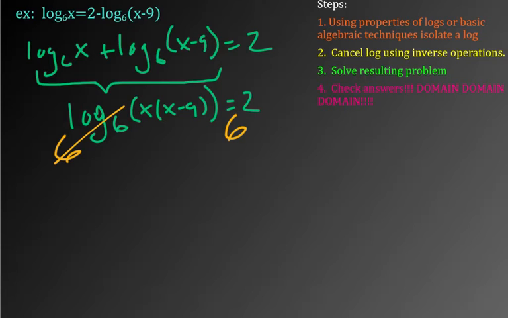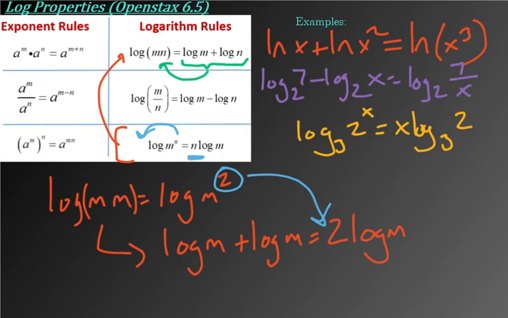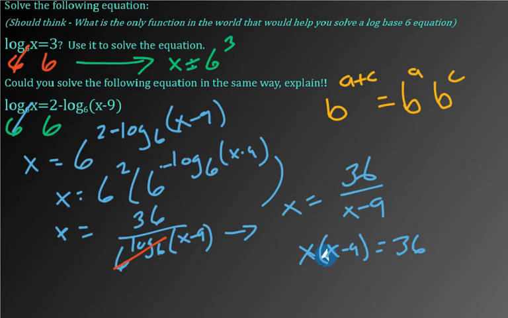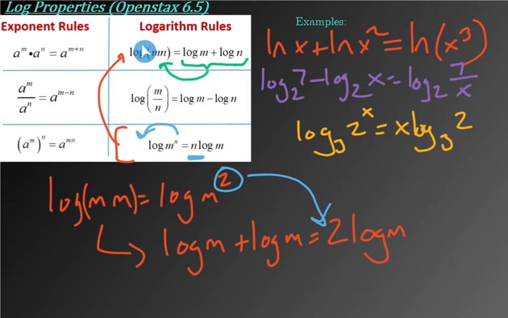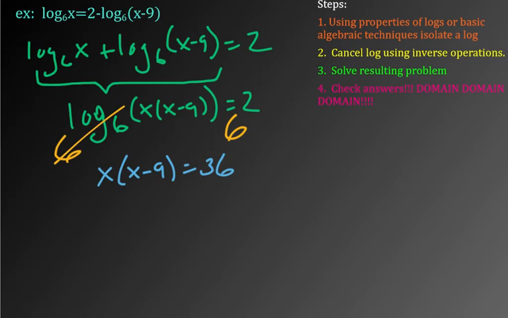And I will get x times x minus 9 equals 36. And you can see I've gotten to this point, which I got to in this problem, but I got to it with way more work, right? This is a much, much quicker way to get to this if you just utilize that first property right there. Now it's just a quadratic.